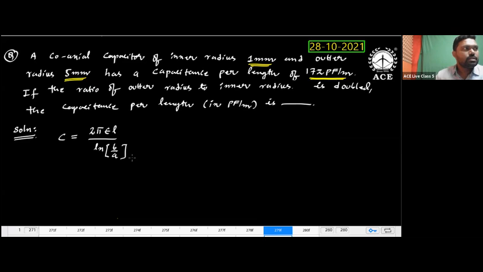So what you can do? You can bring that L here. C by L is equal to 2 pi epsilon divided by natural log of B by A.